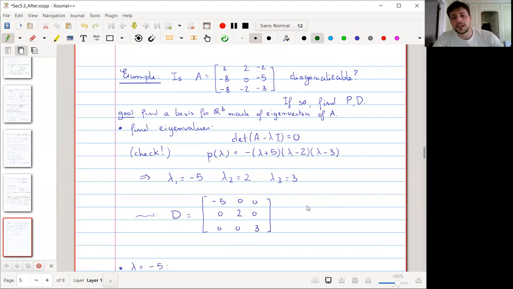Maybe I should point something out. If A is diagonalizable, it's not diagonalizable to just one matrix.